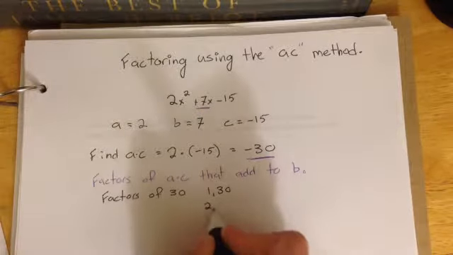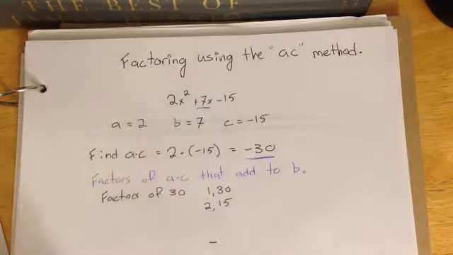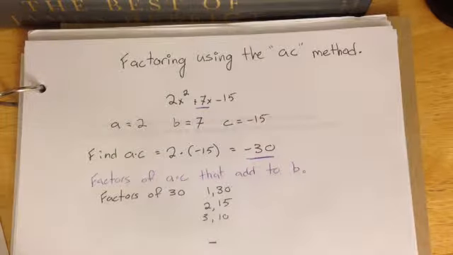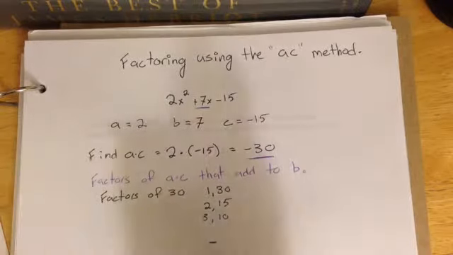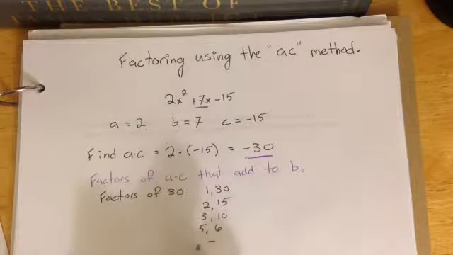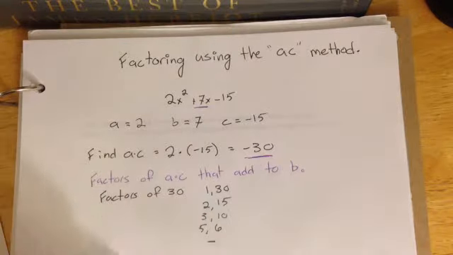Well, yes, 2 will go into 30. That's 15. I can use 3. 3 and 10. I can keep going. 4, 5. Yeah, 5 works. 5 and 6. And now I could write 6 down here, but I've already written 6 down once. So that tells me I've actually listed all the possible factors of 30 already.